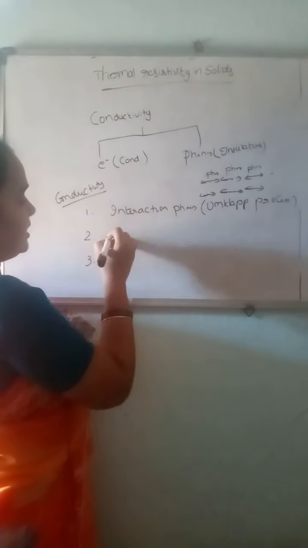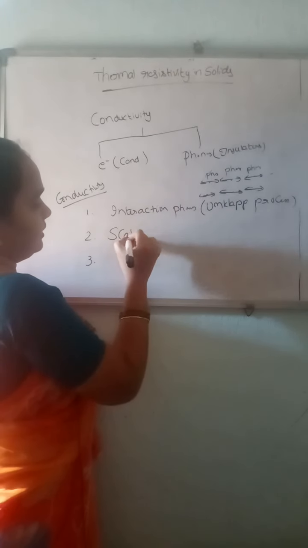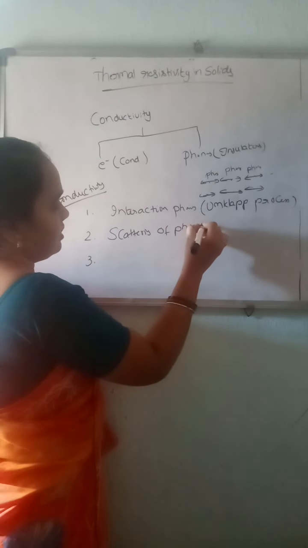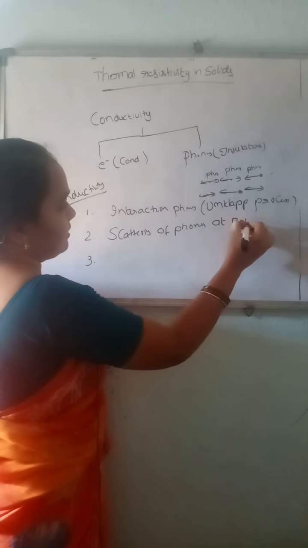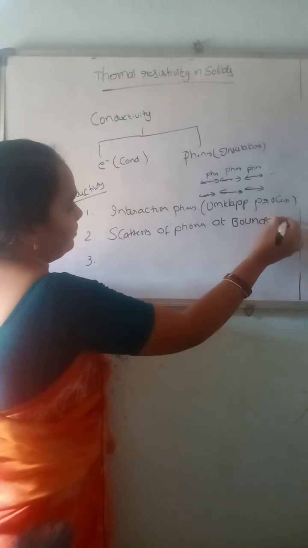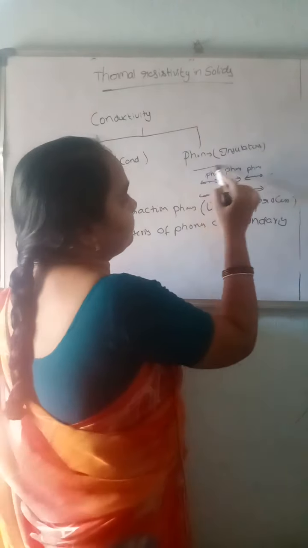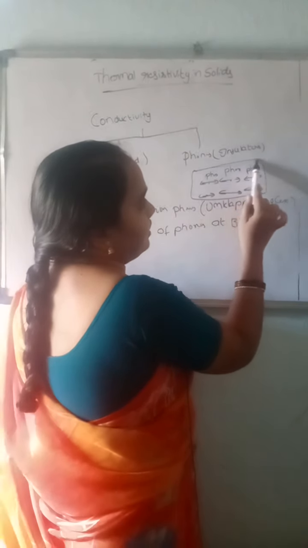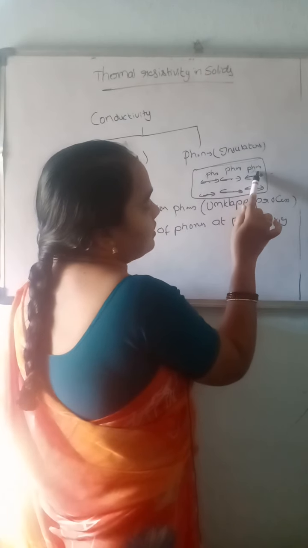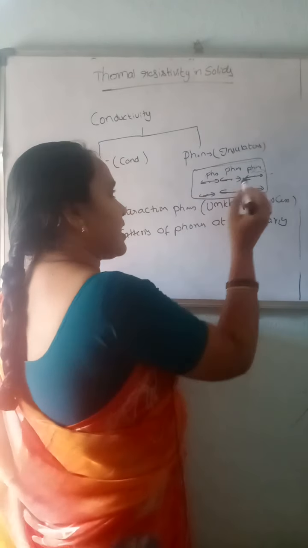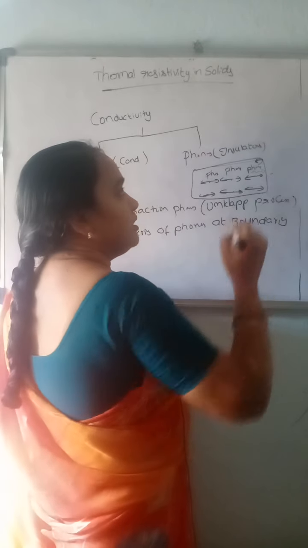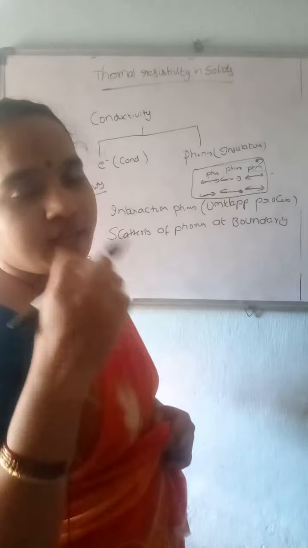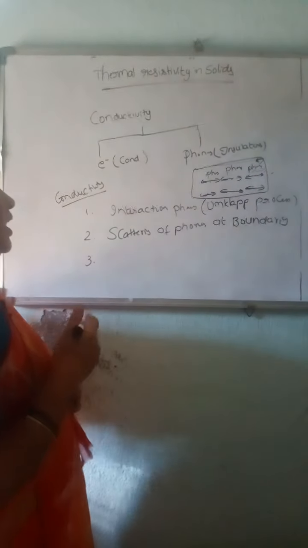The second point is scattering of phonons at boundaries. For example, this is the total crystal. While traveling, these phonons scatter at the boundaries. Due to that also the thermal conductivity decreases, which gives rise to thermal resistivity.